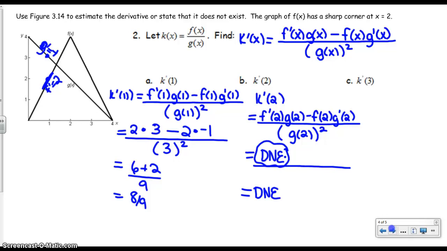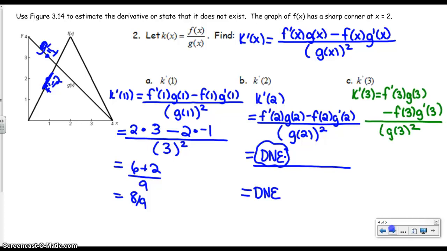Okay, so we'll do C together for this one. So again, plug in: k prime of 3 is equal to f prime of 3, g of 3, minus f of 3, g prime of 3, all over g of 3 squared. Sorry, I'm running out of room here.